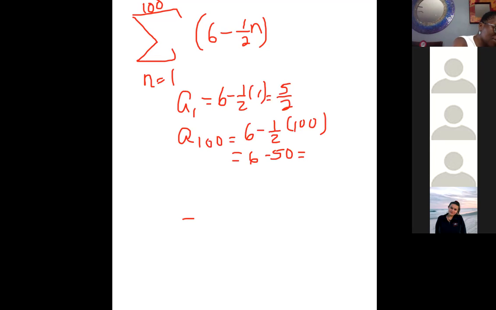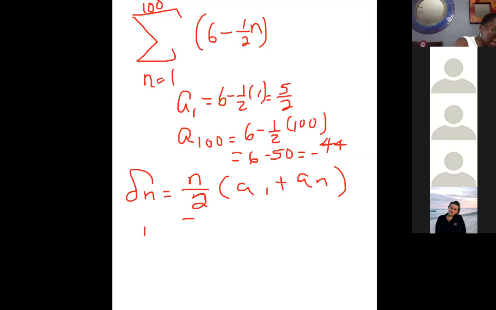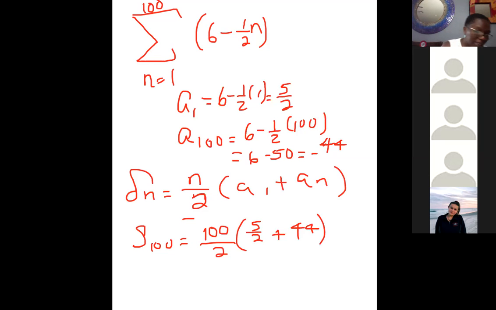And so that turns out to be a negative 44. Now you go into the formula. S sub n is equal to n divided by 2 times a1 plus an. So you get S sub 100 is equal to 100 divided by 2 times a1, which is 5/2, plus an, which is 44. And you throw all of this into a calculator just to expedite the process, guys.